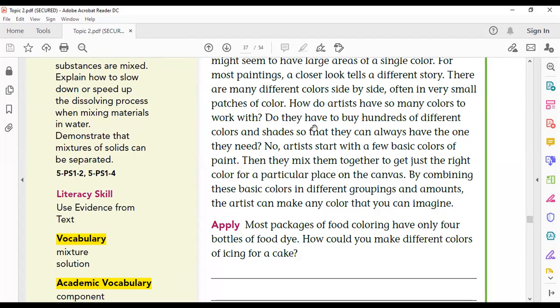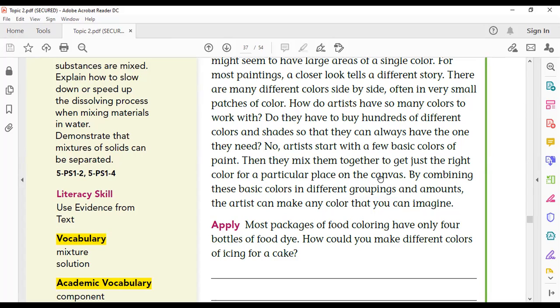Do they have to buy hundreds of different colors and shades so that they can always have the one they need? No. Artists start with a few basic colors of paint, then they mix them together to get just the right color for a particular place on the canvas.